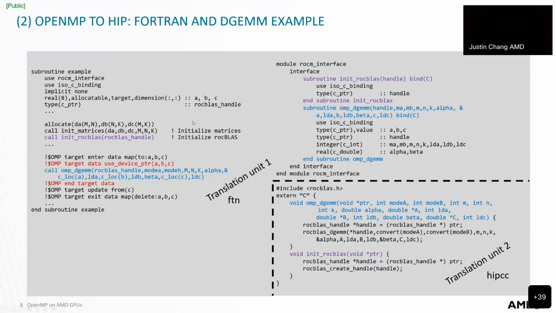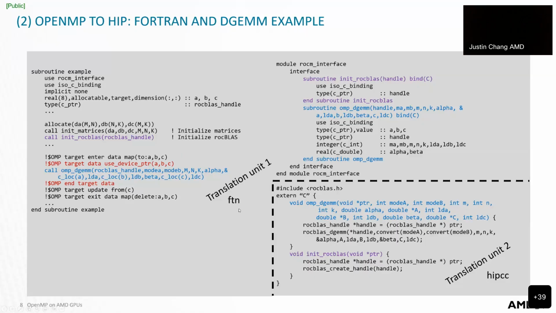Okay, let me see if I remember. In this subroutine example, we initiate all these different arrays. We populate the values. We initiate the rocBLAS handles, and then we again use use_device_ptr in Fortran land, and then we would call the Fortran subroutine, which would then interface to the corresponding C interface to the rocBLAS dgemm invocation.